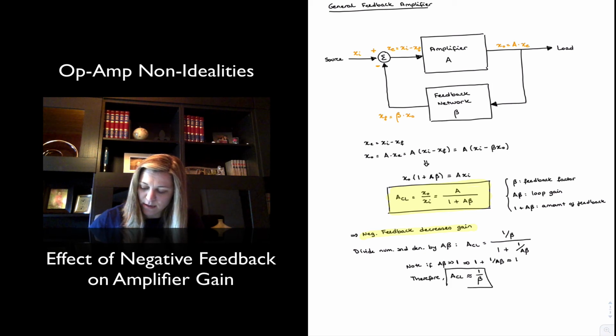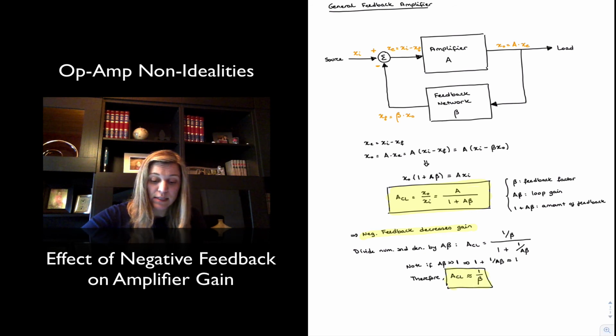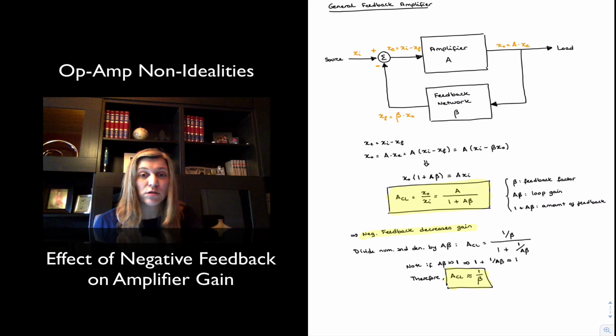And again, why is that an important result? The answer is because notice that this approximation for the closed loop gain is now independent of the open loop gain. It's only dependent on beta, which is the feedback network. And the feedback network is typically going to be comprised of resistors and other components, capacitors, etc., components that we are able to get precise values for, whereas the open loop gain of an op-amp is a parameter that we typically don't have a lot of control over, and it varies over a wide range.